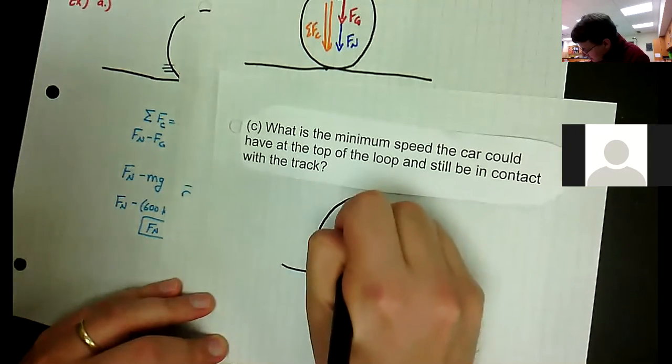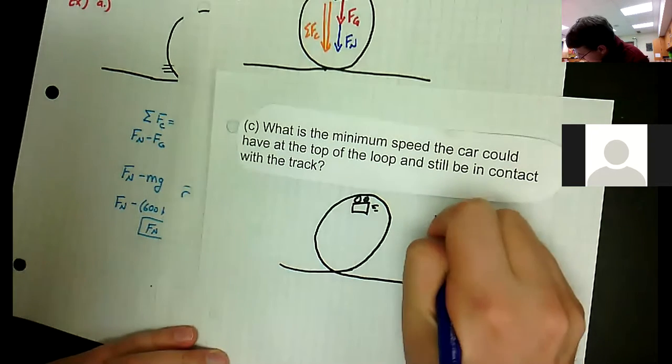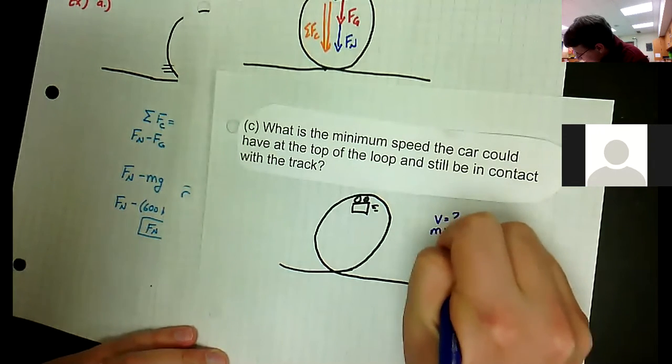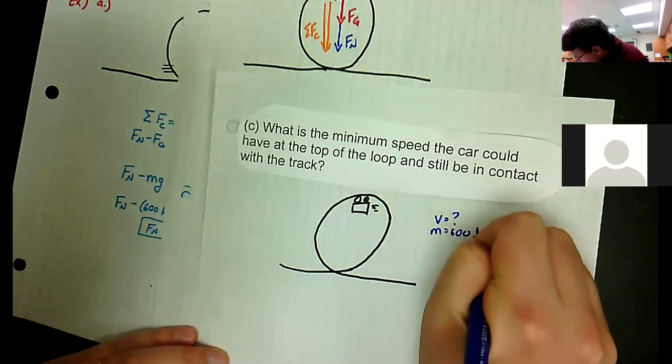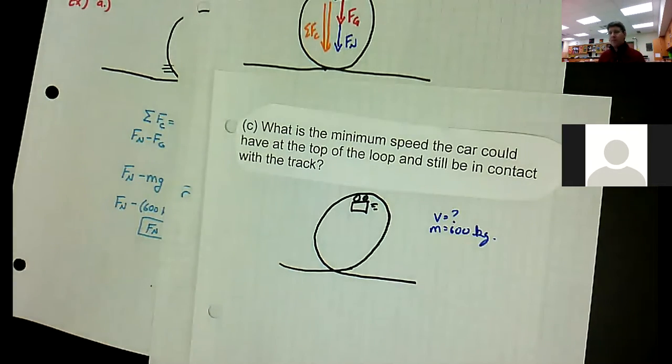So I'm up here. What's the minimum velocity? I still have a mass of 600 kilograms. Remember we said that in order to go in a circle, you need both forward motion and centripetal force, and they have to be balanced.